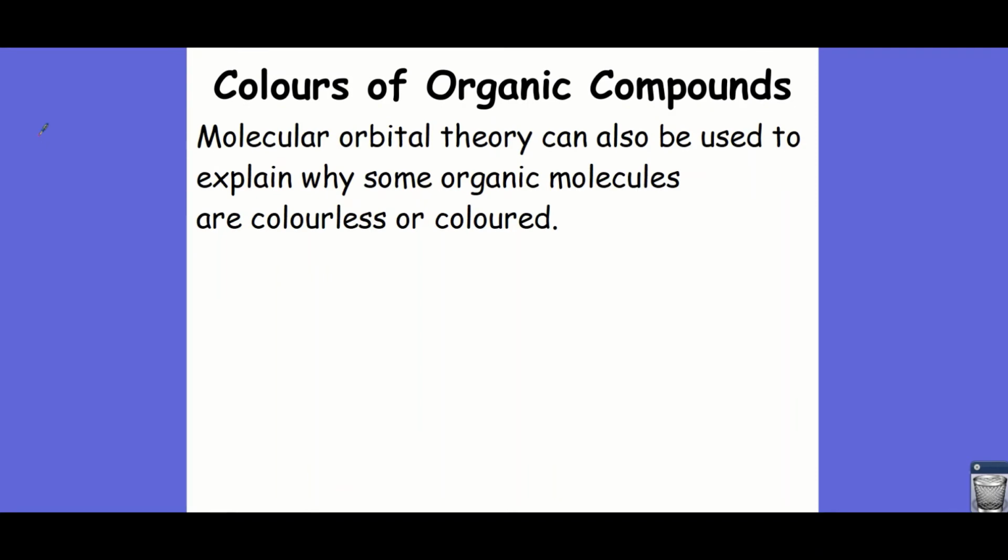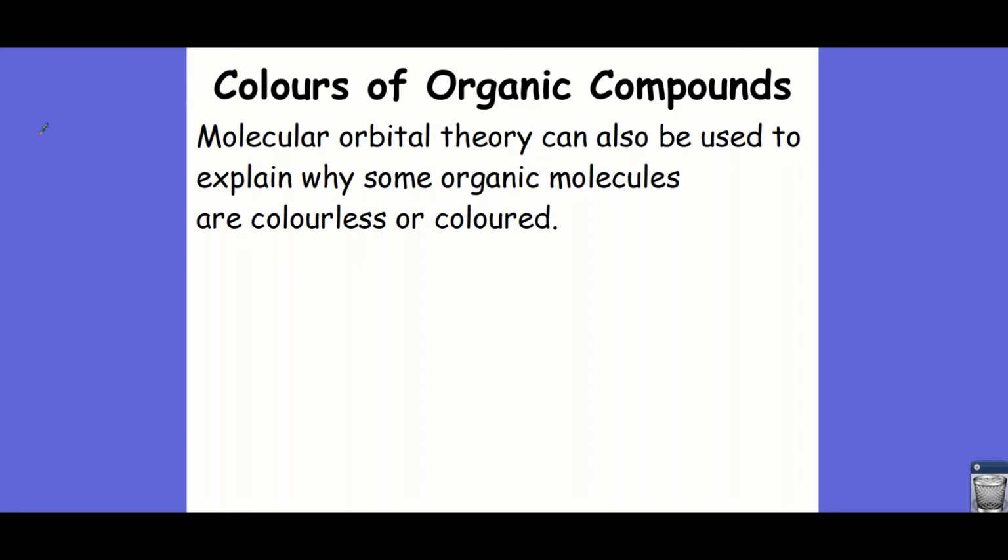So let's have a little think, as we do now and then throughout this course, about colours. We've looked at the colours of transition metals, and we've thought about the colours of light and how they arise. I want to spend a little time for the rest of this week's work thinking about the colours of organic compounds. Unsurprisingly, molecular orbital theory can be used to explain why some organic molecules show a colour and some are colourless.